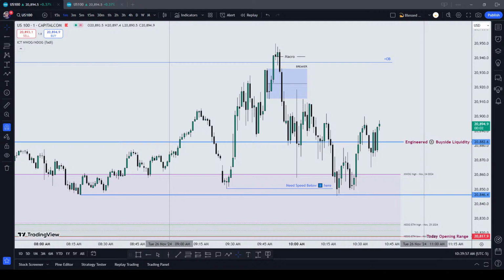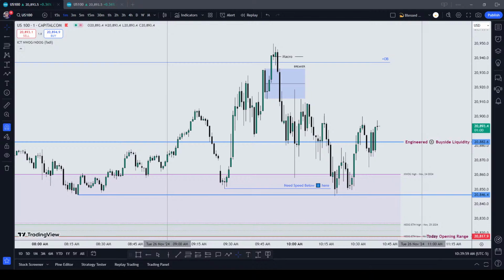Okay. So far, this is not the kind of price action I would be looking to trade, because right here during our session, what has been happening? So far, choppy price action.